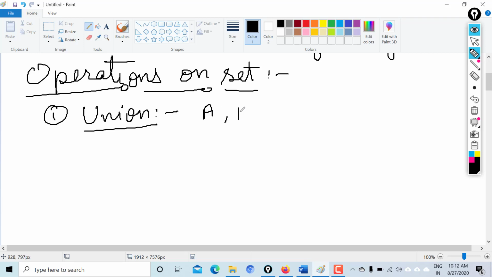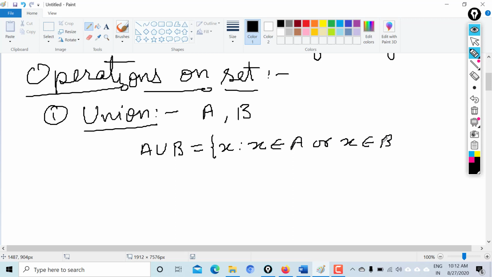A union B will be defined as the set of X such that X belongs to A or X belongs to B. Either X will be in A or X in B. In that case, we say that it is the union operation.